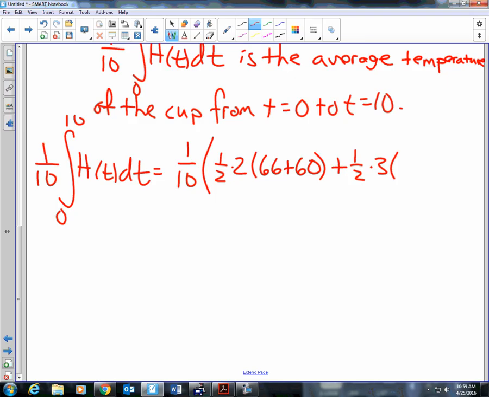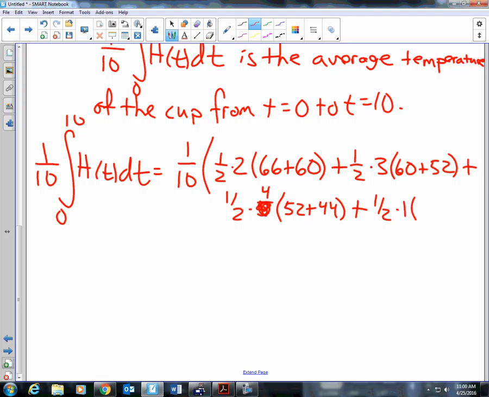It's the same formula. And then we have 60 plus 52, plus 1/2 times what's the next height? 5. What are the two bases? And 1/2 times what's the last height? 1 times.